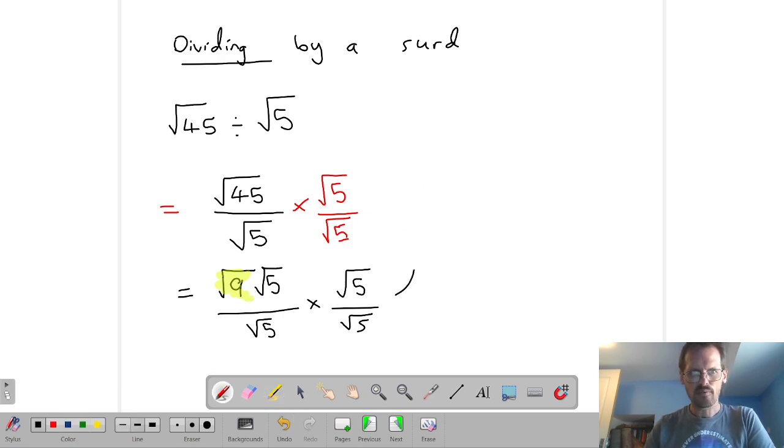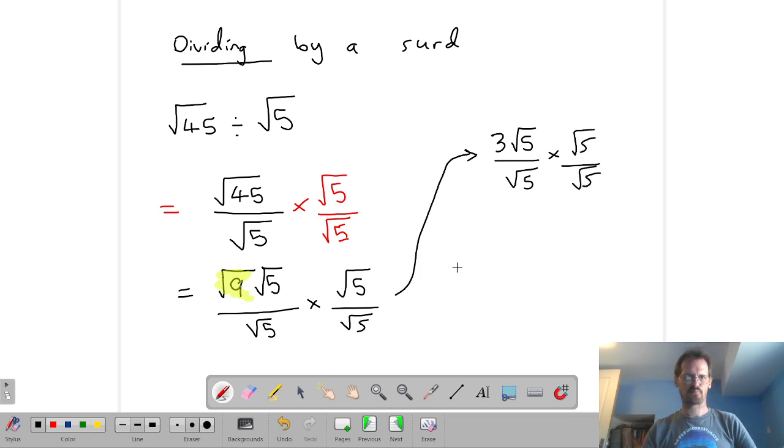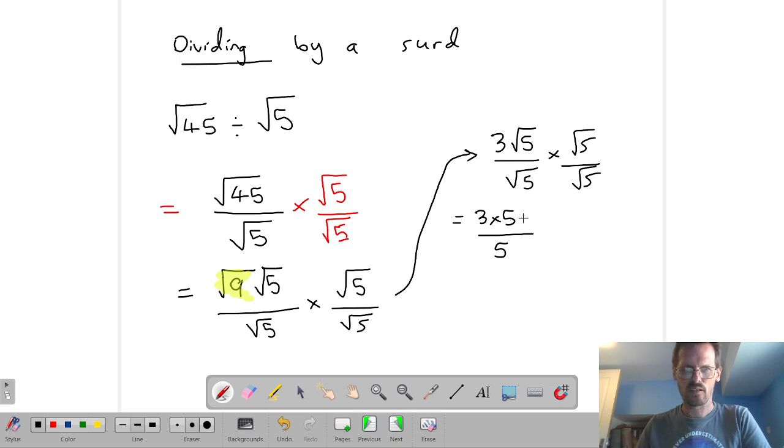So this is just 3 root 5 over root 5 times root 5 over root 5. Now the top, 3 times root 5 times root 5, that's just 3 times 5, because root 5 times root 5 is 5. On the bottom, root 5 times root 5 is 5. 3 times 5 is 15, divide that by 5, you get 3.